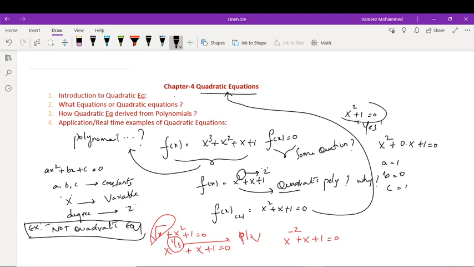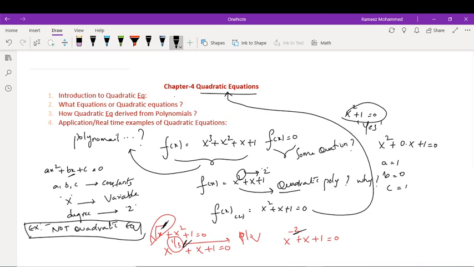So this is a quadratic equation, guys. Please don't get confused: since there is no bx term, it doesn't mean it is not a quadratic equation. So remember that if I have radicals or exponents like these, or negative exponents, then those are not quadratic equations.